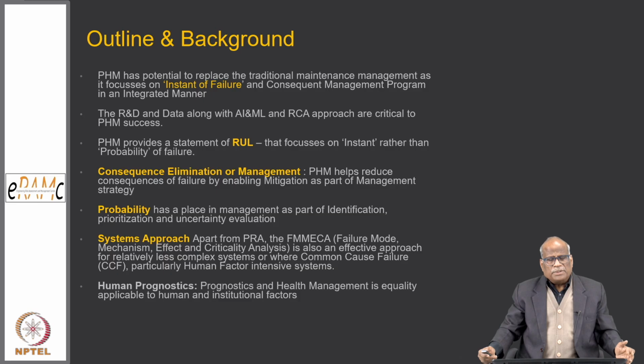And one more important thing is the human contribution. In most accidents, human contribution forms part of it, and it can range from 70% to 80%. Somewhere in the accident sequence, at least one event will be attributed to human failure. So when we do it for hardware components, why not for human prognostics?